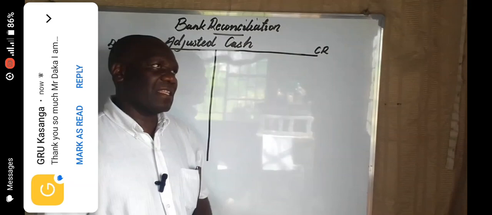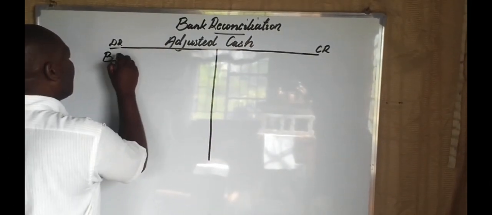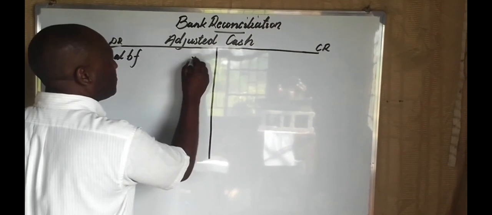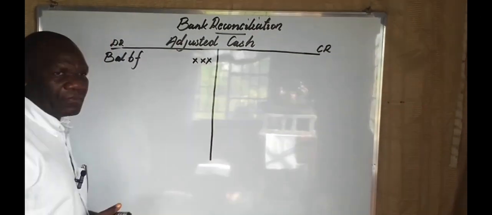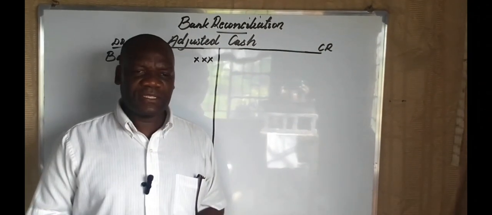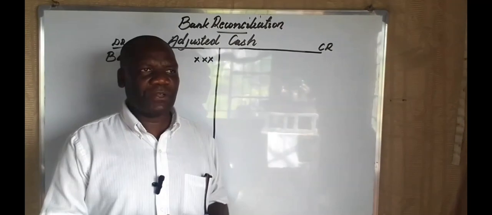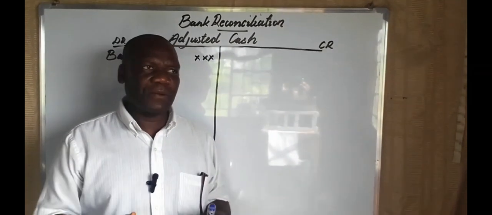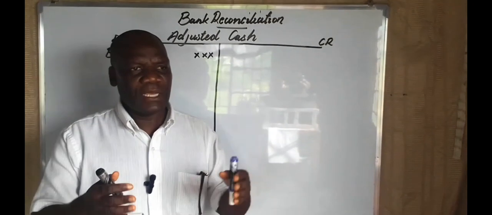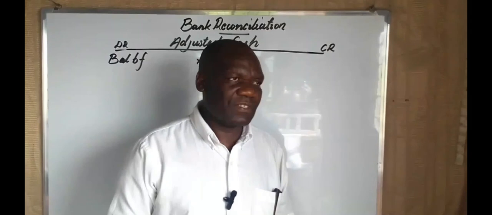Okay, so the first thing will be the balance that is in your question. So here is the balance brought forward. Put your balance brought forward. The next item that will be on the debit side is the credit transfer. All these items that I'm talking about are the items that have been transferred to the credit side of your bank statement, which shows that you have received money.